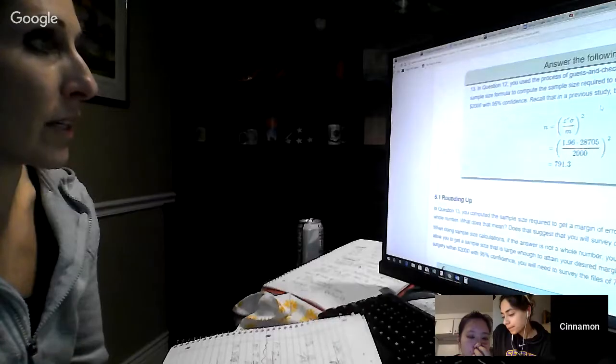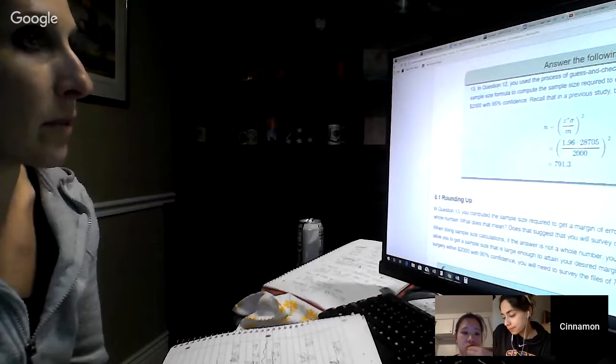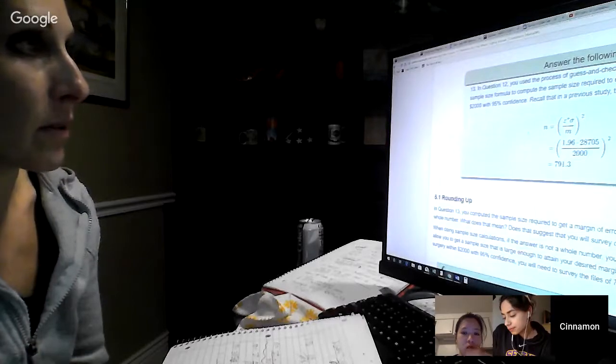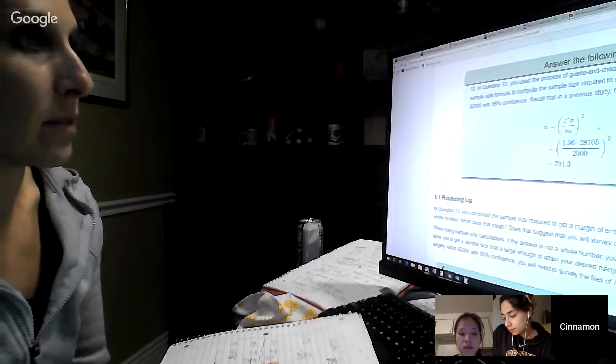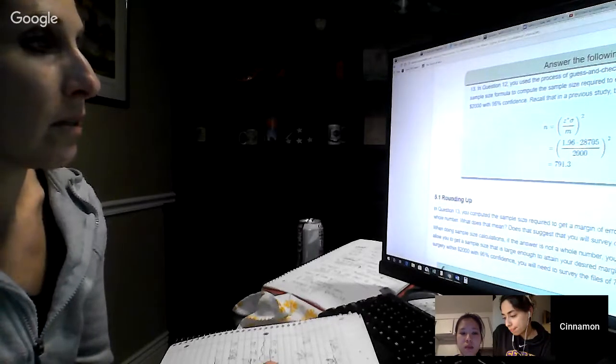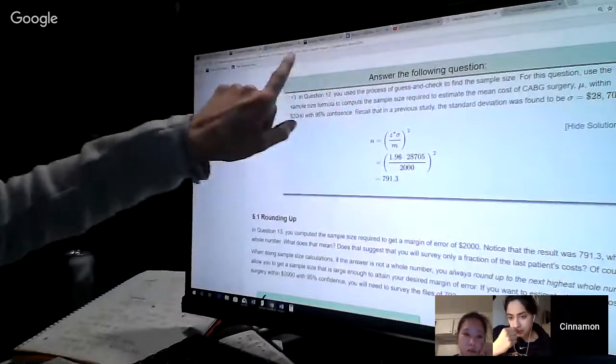How did they find out that? Okay, in question 12, the process and check. For this question, we use the mean with 95% confidence. You have standard deviation. No, I think we did it right. Oh, wait, okay. Instead of squaring it by that z, to go back to the lesson, they want an error of 50 on either side.